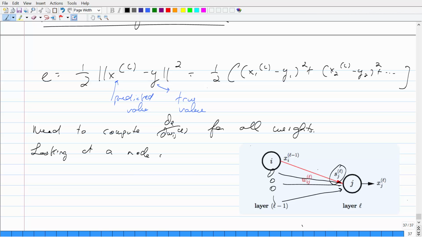Okay, looking at a node, a change in weight only affects the inputs that are coming in. So we can use the chain rule.